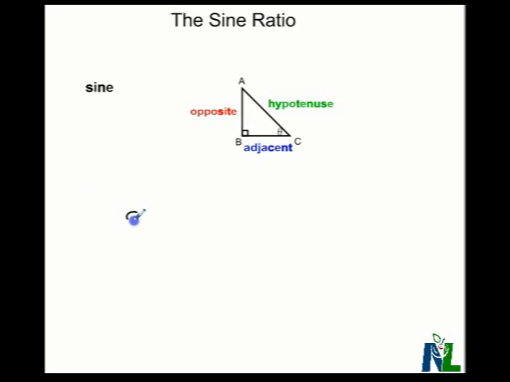What we're going to develop is the sine of theta, and we're using the opposite, the adjacent, and the hypotenuse to determine the sine ratio for the angle C. To find that, we find the length of the opposite side over the hypotenuse.